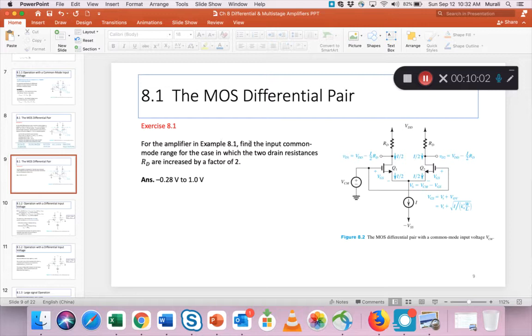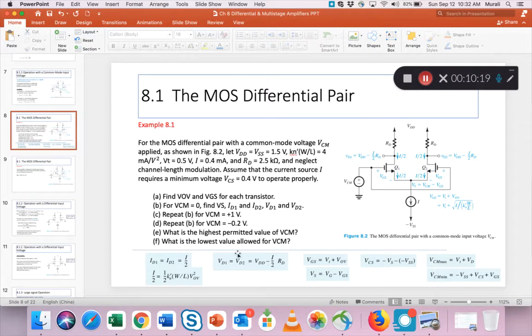Here the only change is that we are told the two drain resistances RD are doubled. If that's the case, then we're asked what happens to the input common mode range.